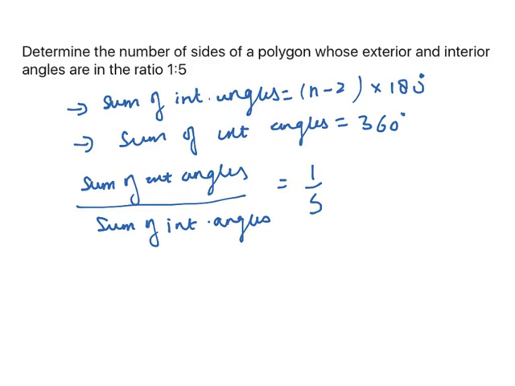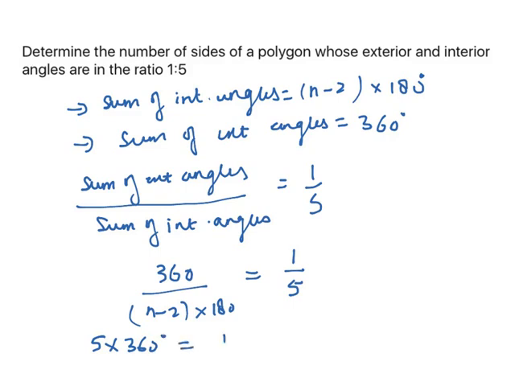Sum of exterior angles they have given 360 degrees, right? And the sum of interior angles we know is (n minus 2) into 180 degrees. That we can equate with 1/5. Now we will cross multiply. So we will get 5 into 360 equal to (n minus 2) into 180 degrees, where n is the number of sides that we have to find out.